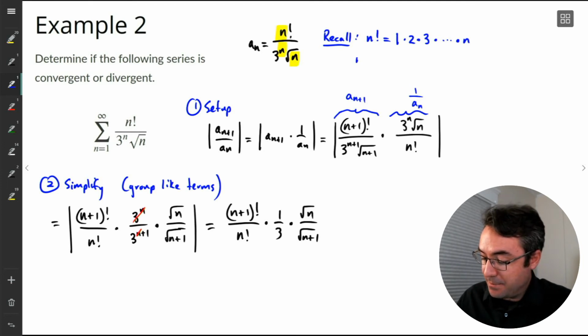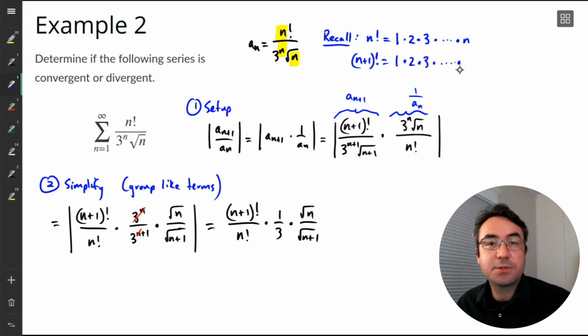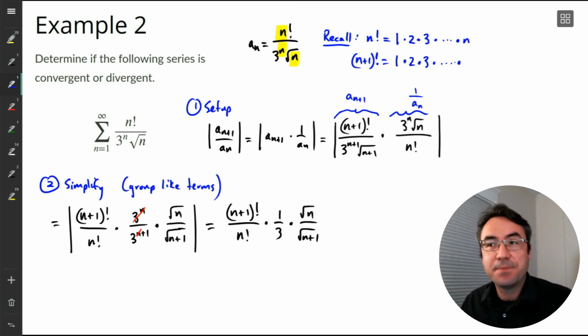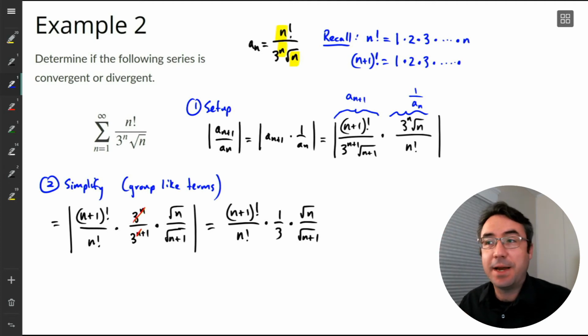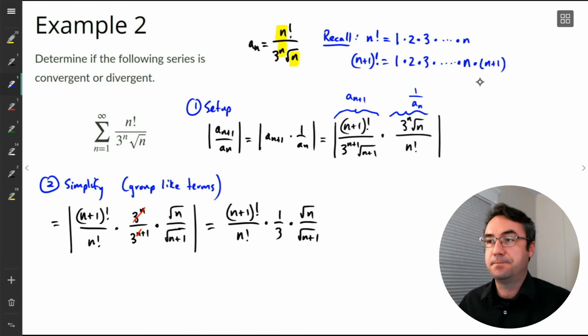So what would n plus 1 factorial be? Well, again, we'd start with 1, multiply with 2, multiply with 3, keep going, until we get to n plus 1. So if we're multiplying consecutive integers, to get to n plus 1, we would have to eventually multiply by n. So we would do 1 times 2 times 3, keep going. Then we'd multiply by n, and then we need to go one more. So we'd have times n plus 1.